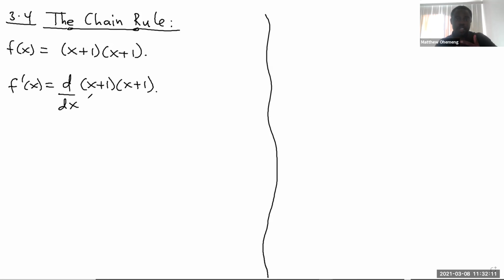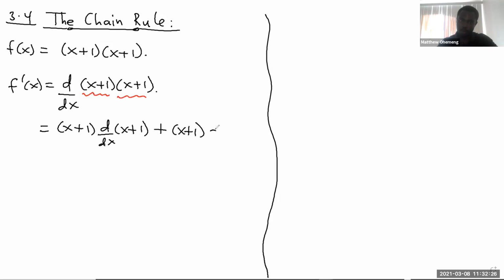Well, when I get to this point, I can say, okay, this is just a product of functions. So I can employ the product rule. So by the product rule, leave one alone, apply the derivative of the second. Well, they happen to be the same functions here, but that's the idea. And then leave the second alone, apply the derivative of the first. So I can do this, right? And then the derivative of the second is just 1.